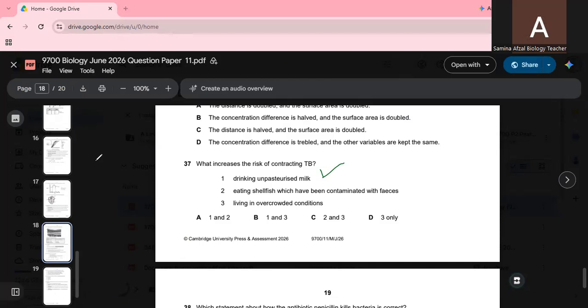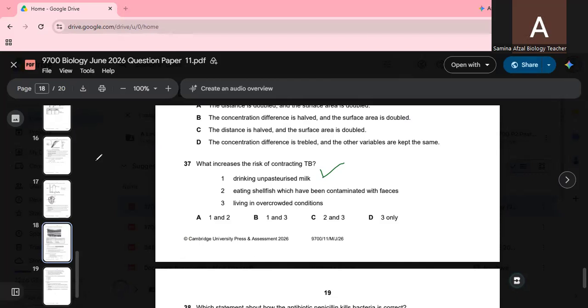Eating shellfish which has been contaminated with feces is not playing any role in it.